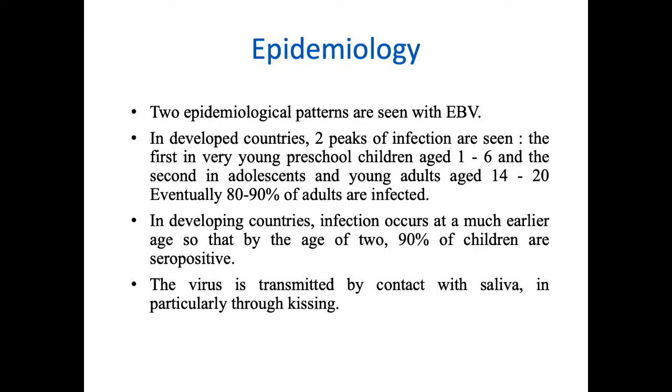In underdeveloped countries, very often children are infected through saliva because of poor sanitary conditions. But in developed countries, mainly we see infection among young adults, among college students. So this is the main age group which gets infected.